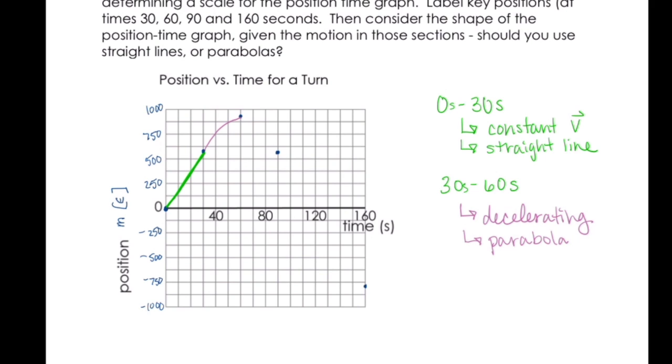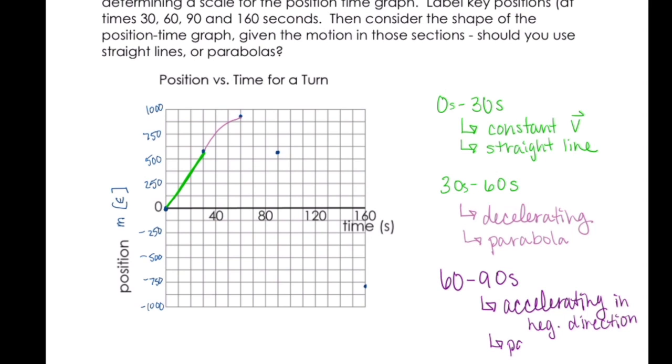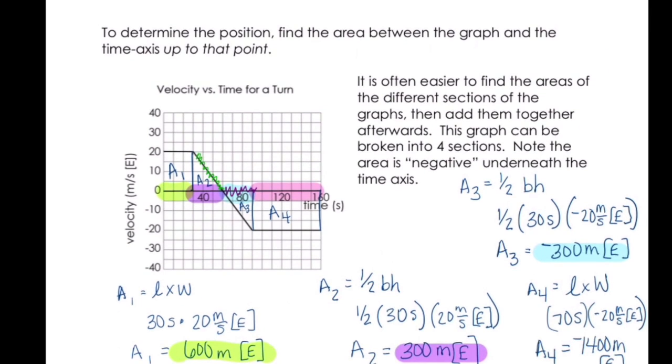So between 60 and 90 seconds, we are accelerating in the negative direction. So again, it's going to be a parabola.